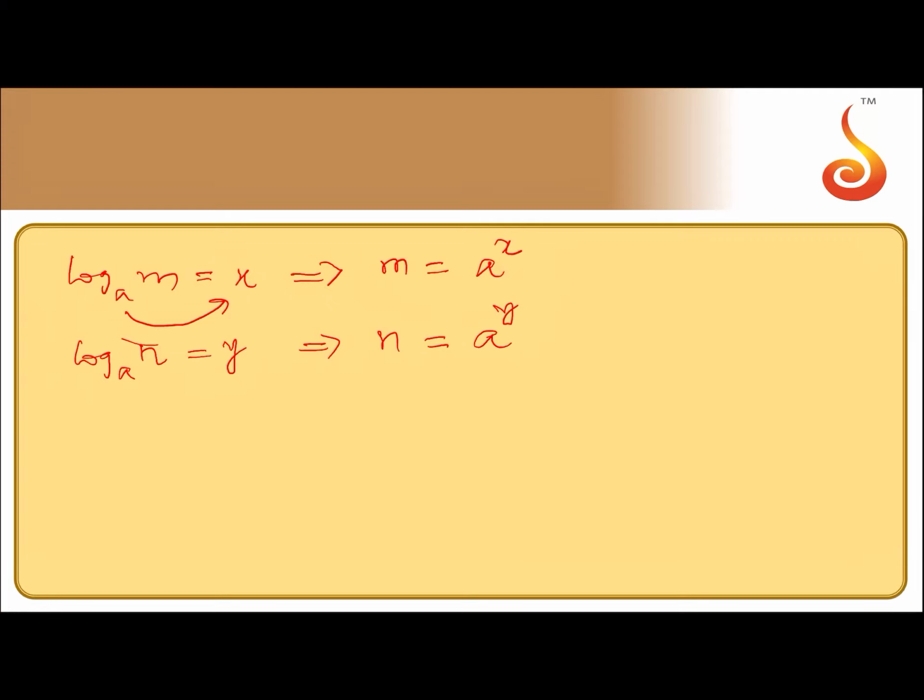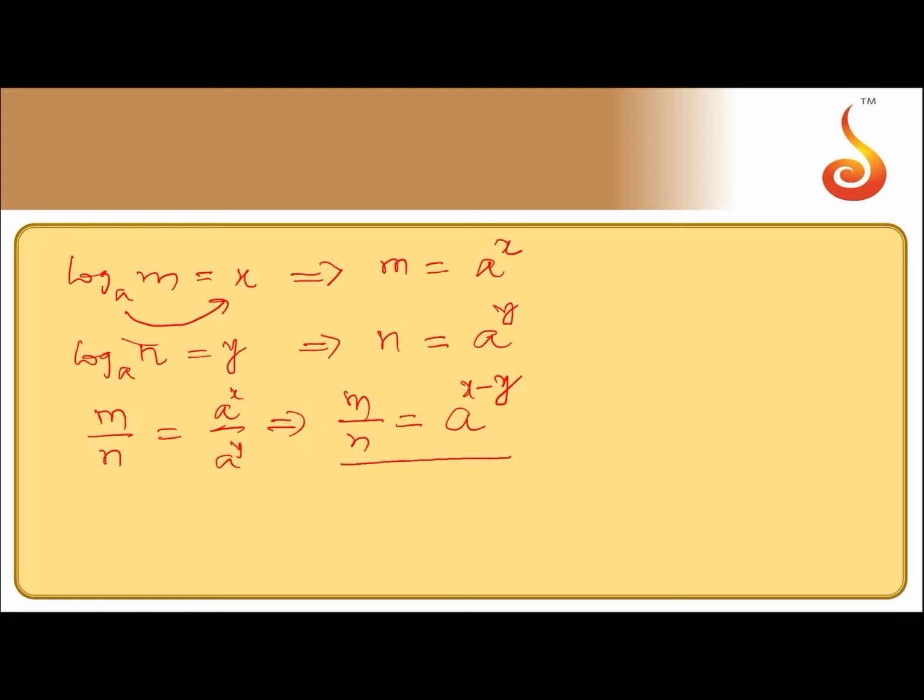And if you take the ratio, m by n is equal to a power x by a power y, simplified as a power x minus y. So, a power m by a power n equals a power m minus n. So, m by n is equal to a power x minus y.